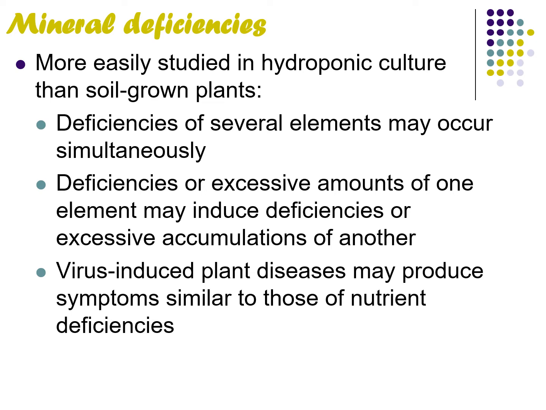In addition to this, virus-induced plant diseases may produce symptoms similar to those of nutrient deficiencies. That's why it is important that at the start of the experiment, only healthy plants or healthy seedlings are used as starting materials.